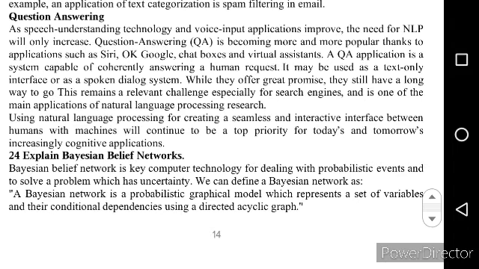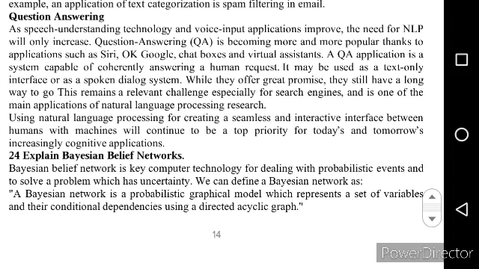Using natural language processing for creating a seamless and interactive interface between humans and machines will continue to be a top priority for today's and tomorrow's increasingly cognitive applications.